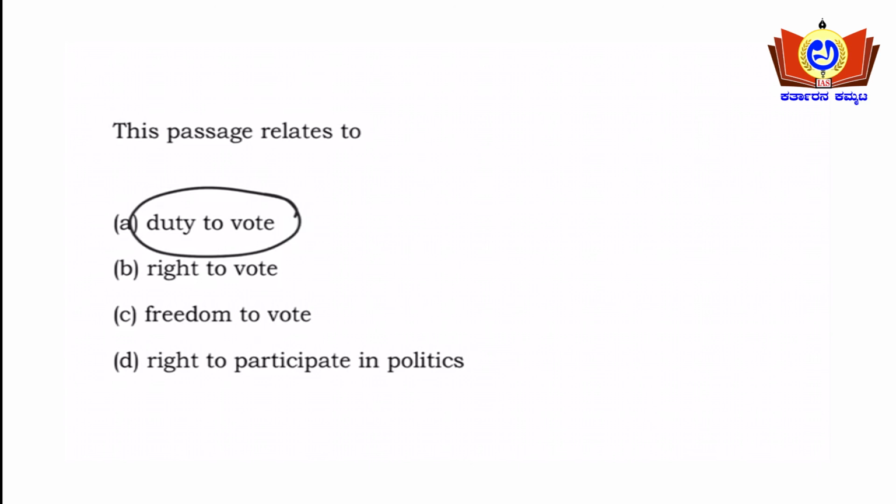When there is a duty and it is your choice to refrain from the duty, to deliberately refrain from taking such interest and from voting is a kind of implied anarchy. So this is the idea of the passage. Hence duty to vote is the more right option here. Okay, so option A is the right answer here.